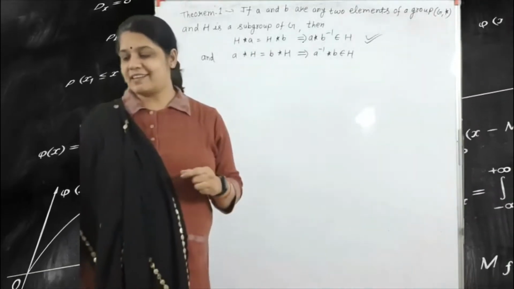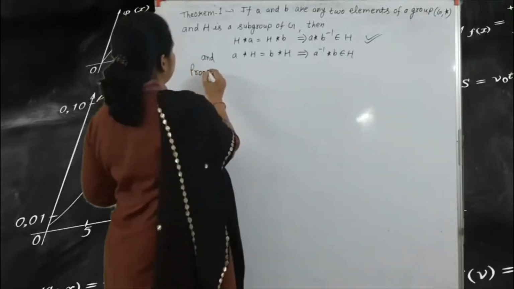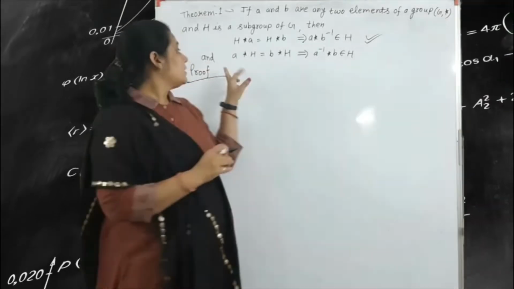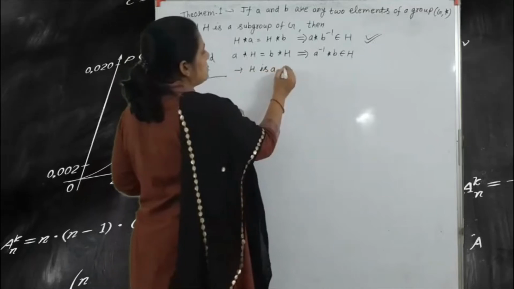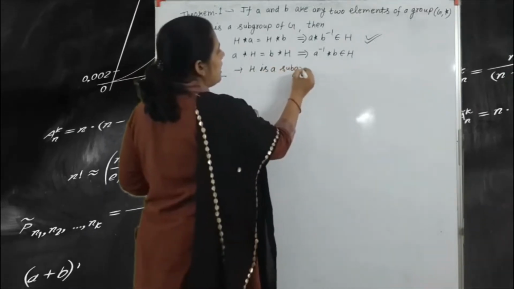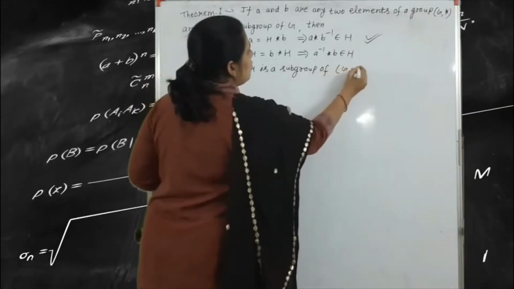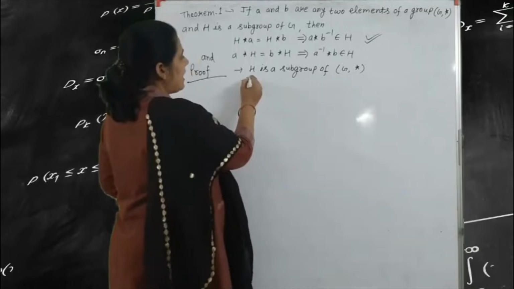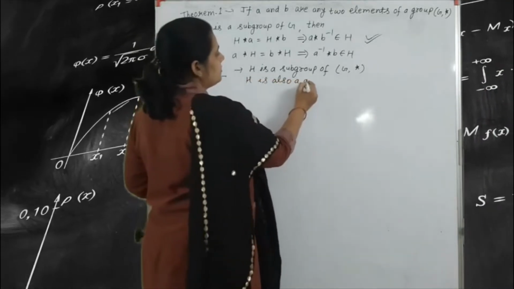So let's start the proof. Here, H is a subgroup of G, star. That means H is also a group.